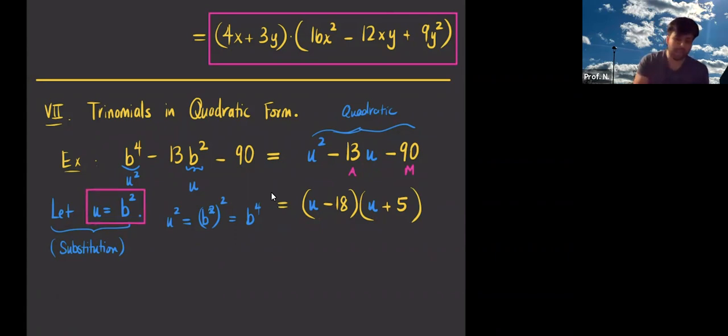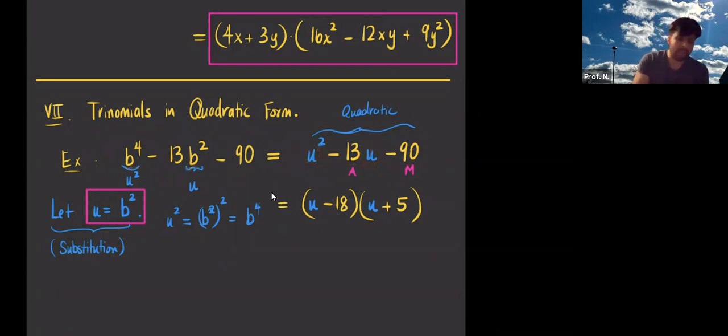This was almost like an artificial step, so that we recognize that this has a quadratic nature to it, but not quite. If I make this substitution as I did, then I do have a quadratic, but only with respect to the variable u, not with respect to b, which is what I originally have.